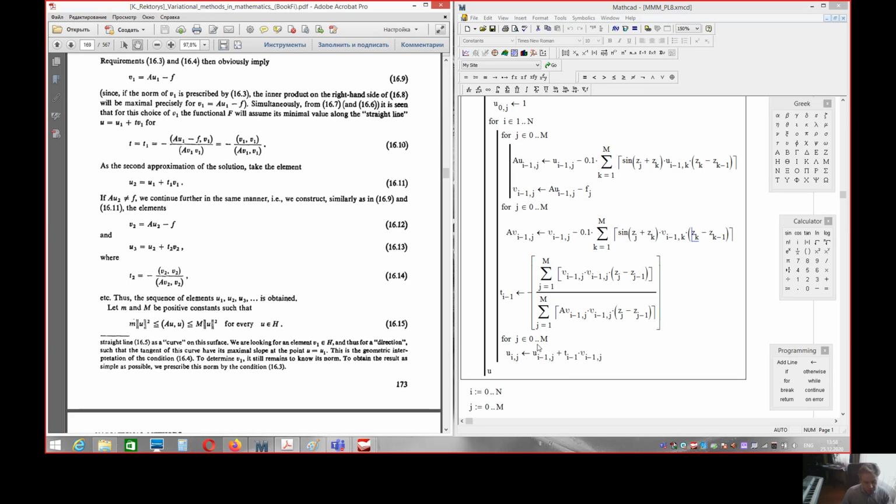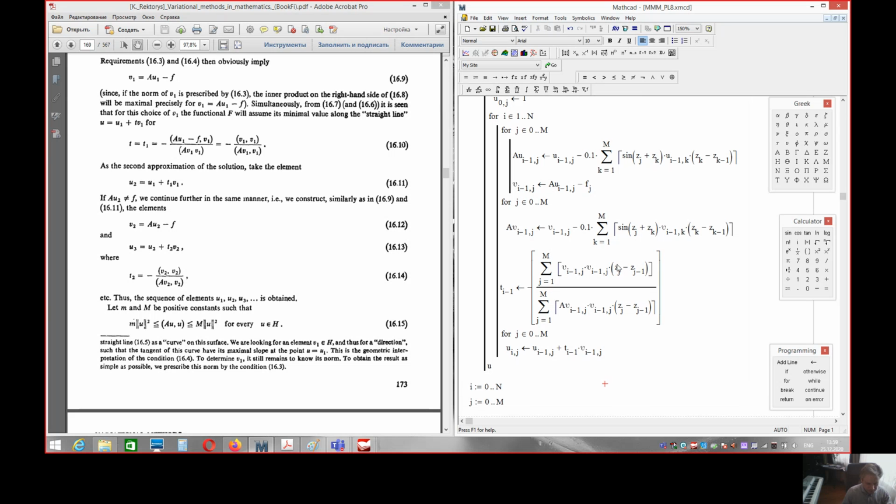And we calculate the next approximation to the desired function u. u i is equal to u i minus 1 plus t i minus 1 by v i minus 1, and further, till the number n big.